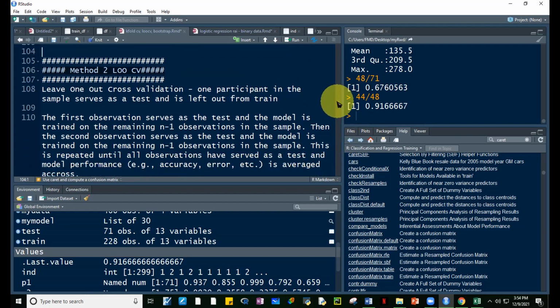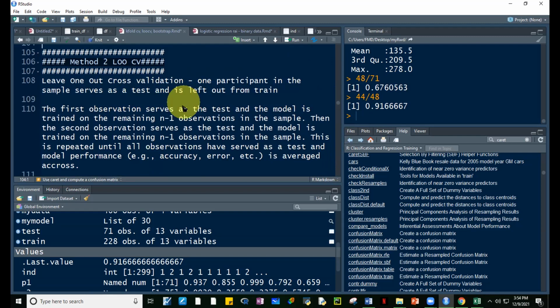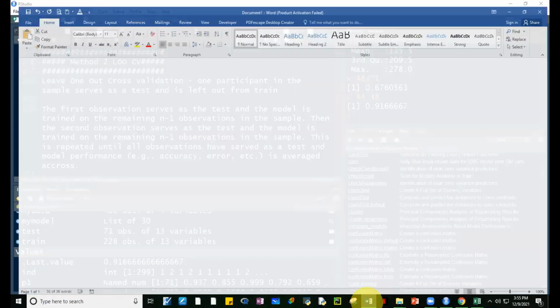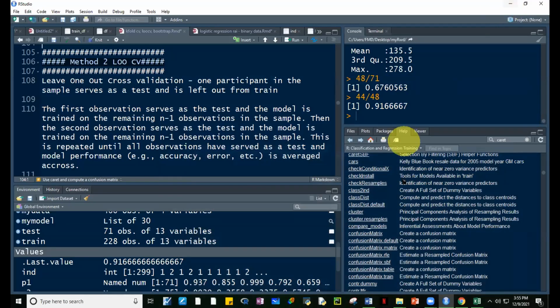All right. Next is this one, guys. Leave one out cross-validation. Okay. Ano nangyayari dito sa leave one out cross-validation? Okay, sige, explain ko na lang. Madali naman to explain.